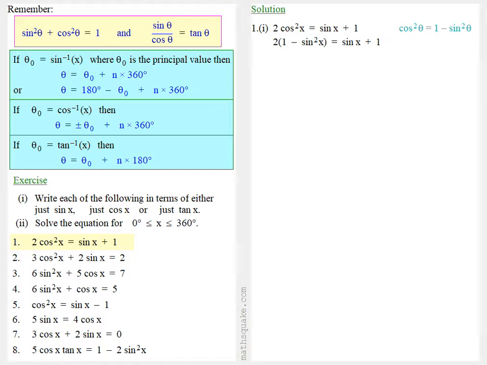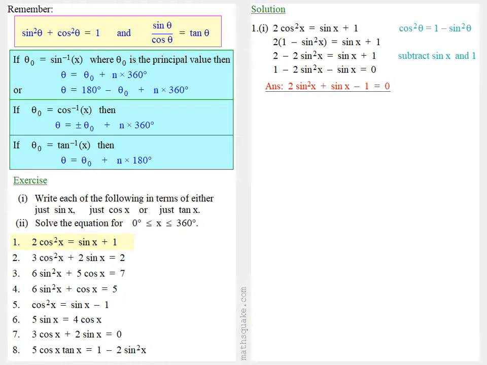So this gives us 2 minus 2 sin squared x equals sin x plus 1. And we can subtract sin x and 1 from both sides to get 1 minus 2 sin squared x minus sin x equals 0. And if we change the sign all the way through, we get 2 sin squared x plus sin x minus 1 equals 0.